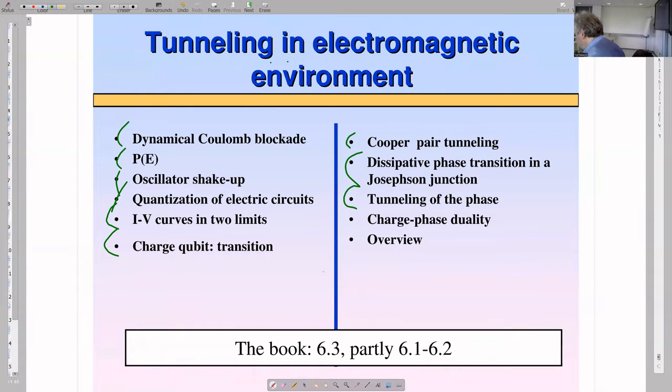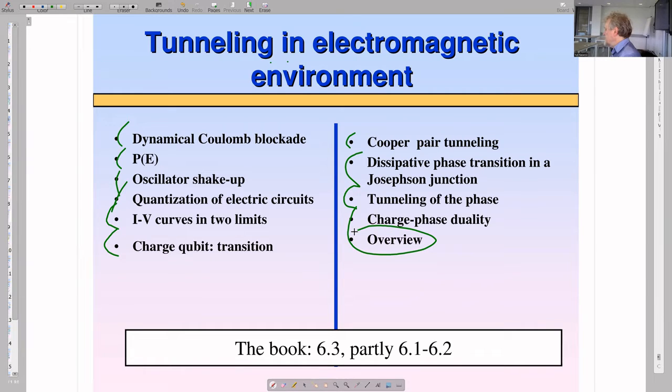Right, that more or less completes the topics. The next lecture will be about decoherence and dephasing.